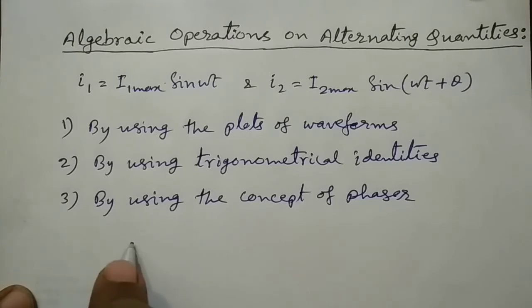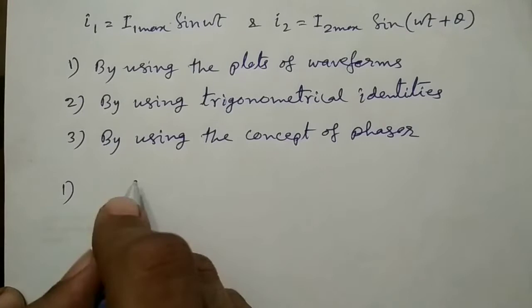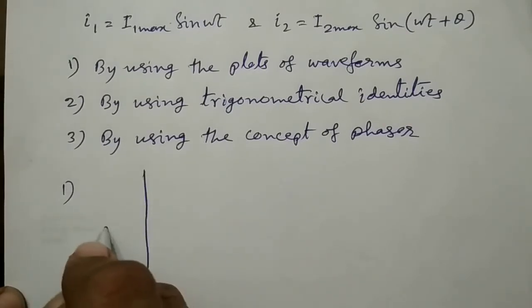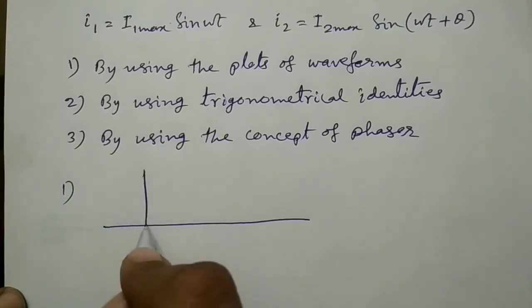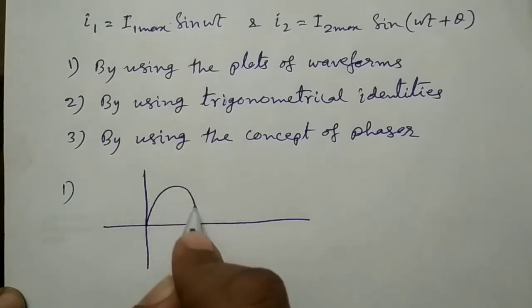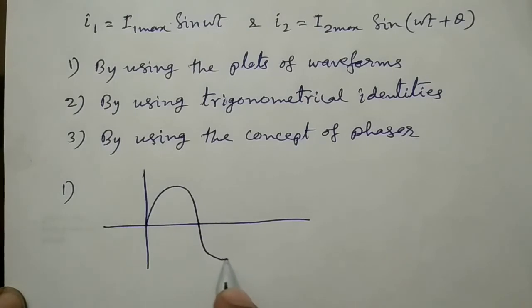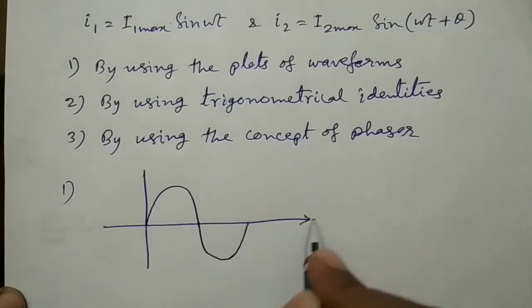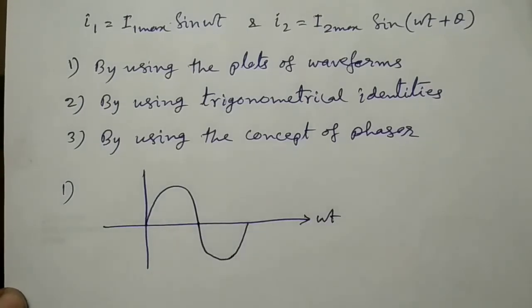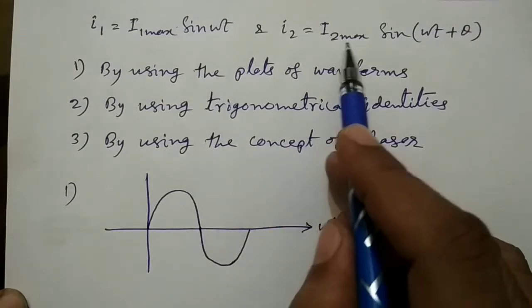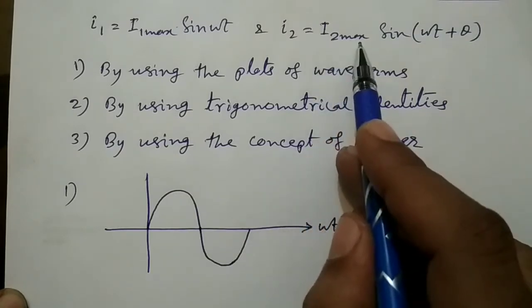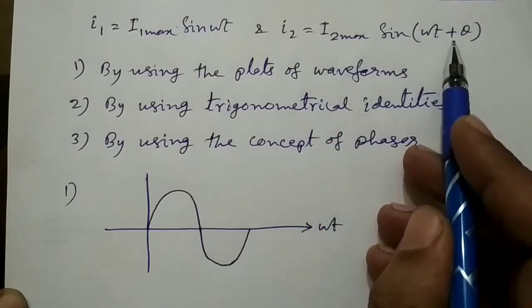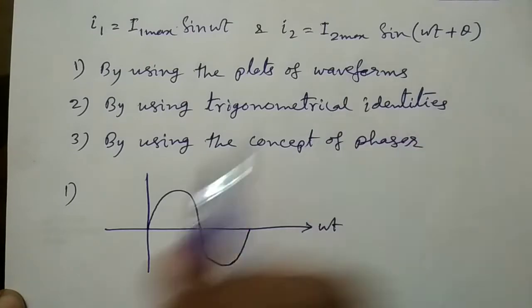For example, if we want to draw the sinusoids of two alternating currents, then I1 will be drawn starting from the origin and it will be a sinusoidal waveform. Whereas I2 is I2 max sin omega t plus theta. That means the second current leads the first one by the angle of theta.